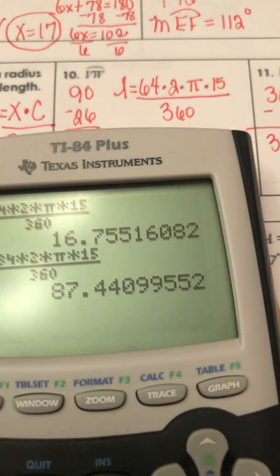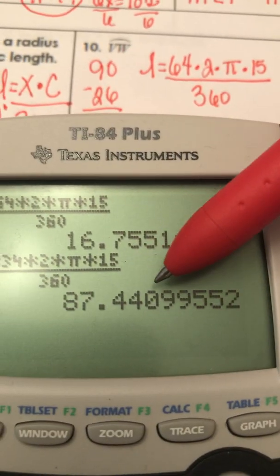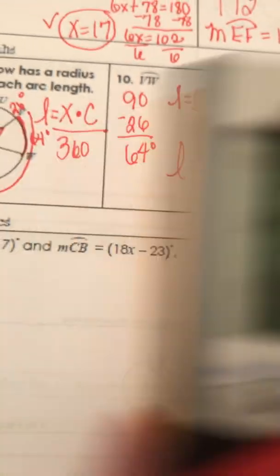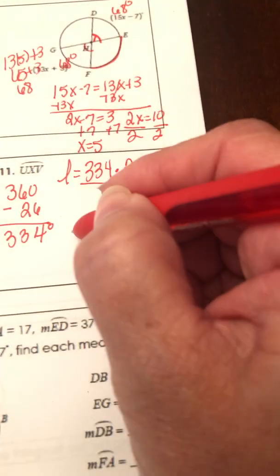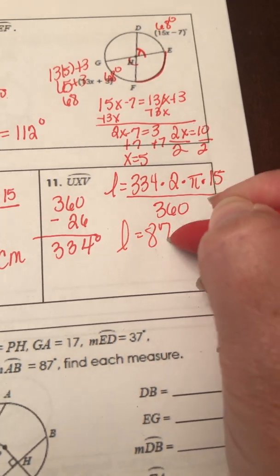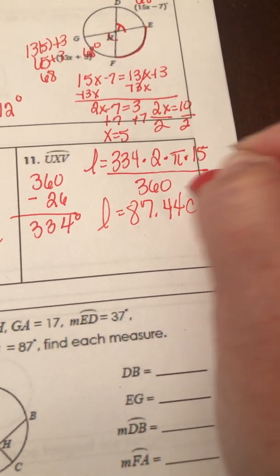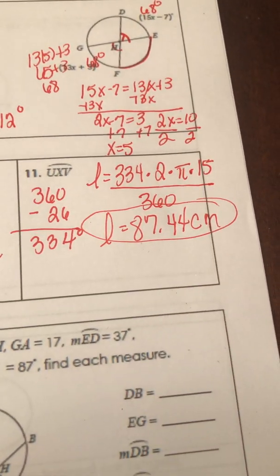So once again, let's look at our answer here. A 0 will not round the 4 up, so we're going to do 87 and 44/100ths. So the length of the arc is 87 and 44/100ths, and we're still dealing with centimeters. So that's the length of the arc.